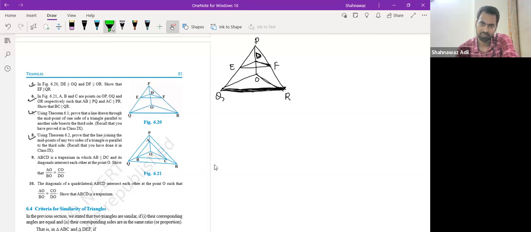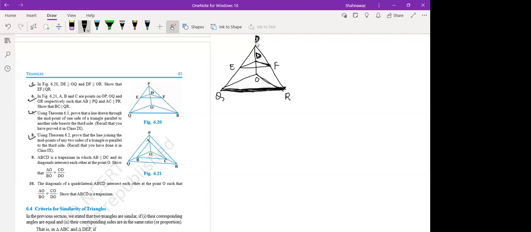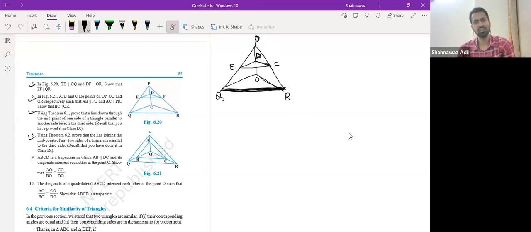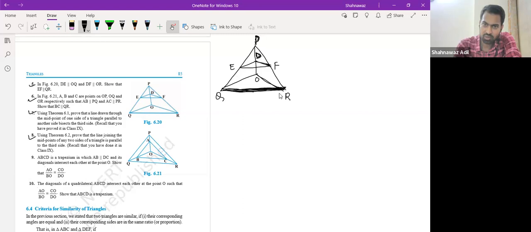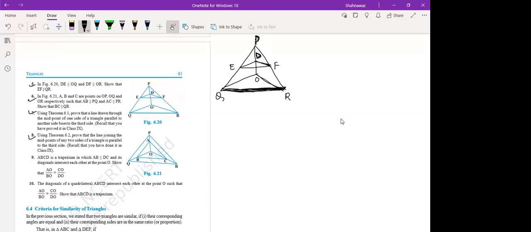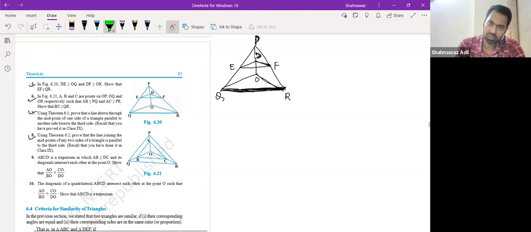In which triangle? First thing is that we have to identify the triangle. PQR. So in PQR, do you have a D point? Right. POQ. Yes, POQ is the triangle.